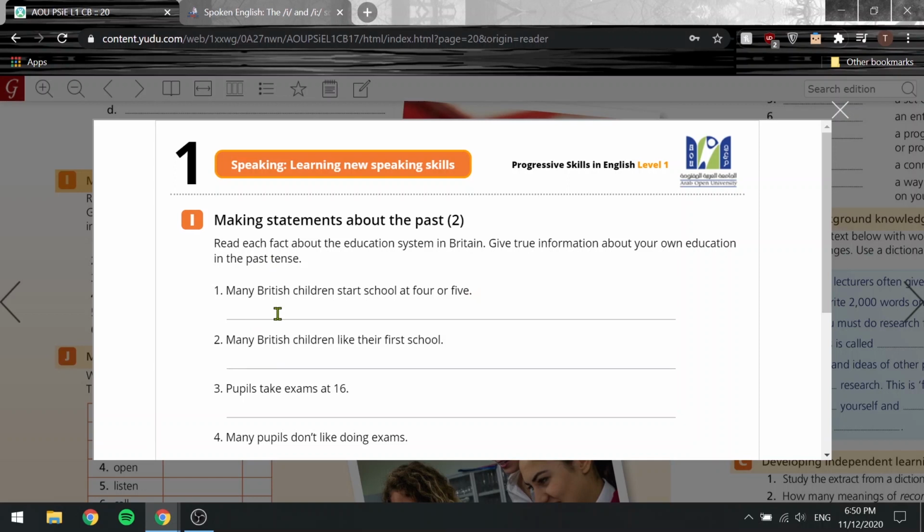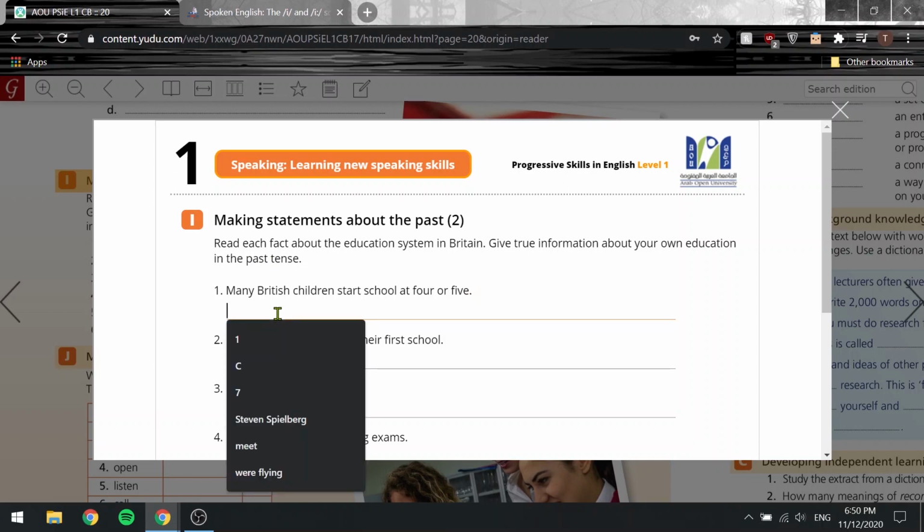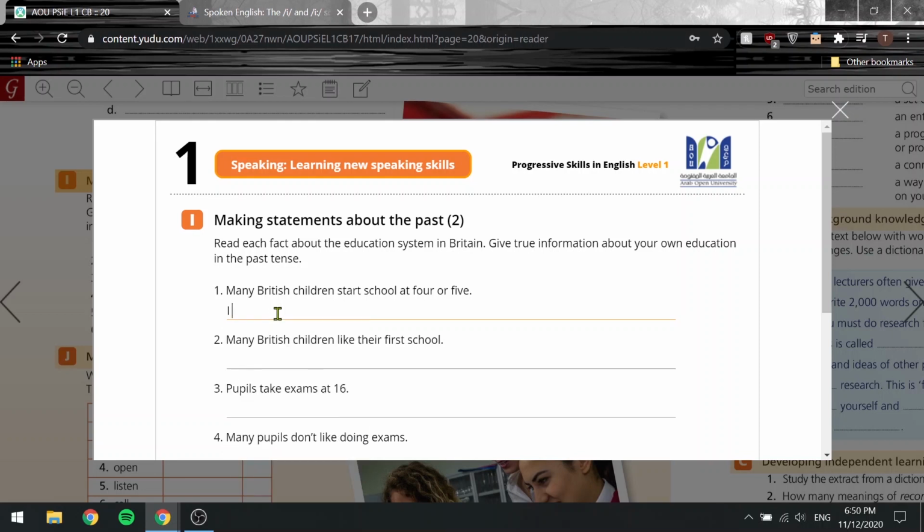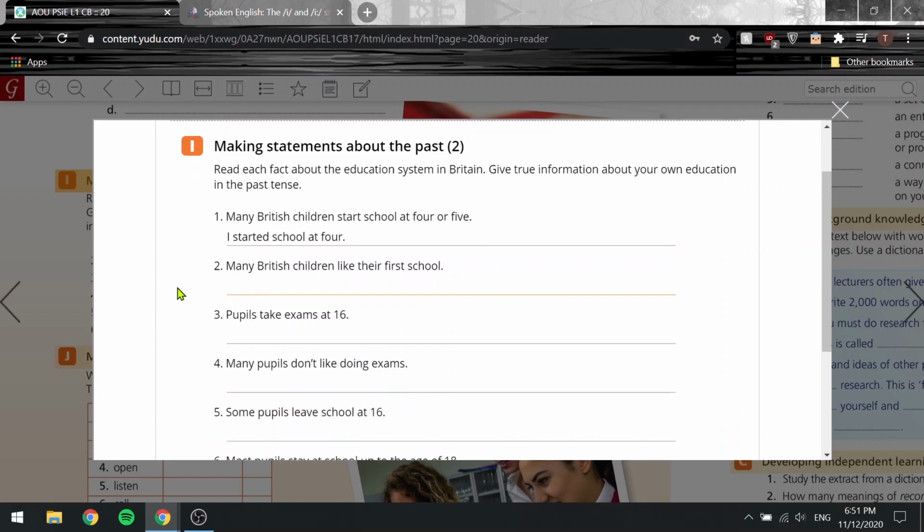So many British children start school at 4 or 5. For me, I'll say I started, okay, because it's in the past, school at 4. It's a true story, I did. So 2, many British children like their first school. I'll say I liked my first school. Pupils take exams at 16.